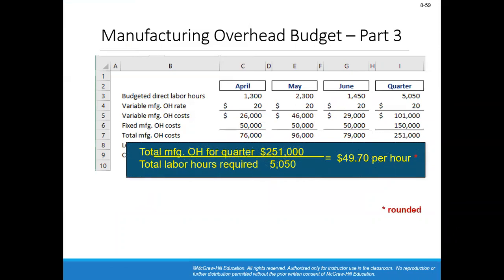So what is this? We have this manufacturing overhead expenses in total, but what can we do? We can calculate what can be the predetermined manufacturing overhead rate. Now you might ask why it is essential.